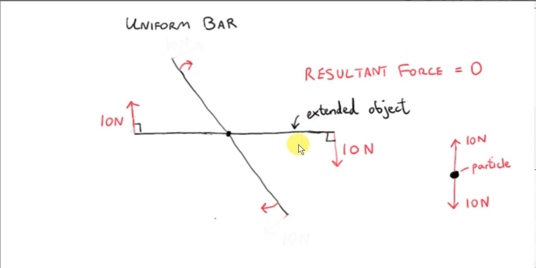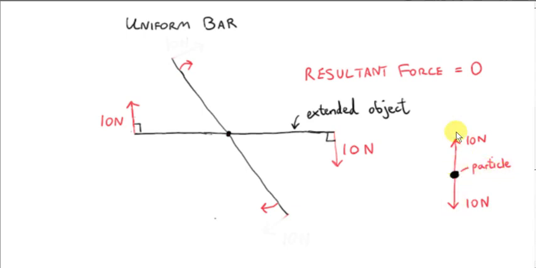So to repeat, when we look at forces acting on extended objects, that is not particles, we have to consider not just translational movement, but also rotational movement. So we have to consider the turning effect of a force acting on our extended object. In all the previous videos, we approximated our objects by particles, so we did not have to worry about the turning effect.